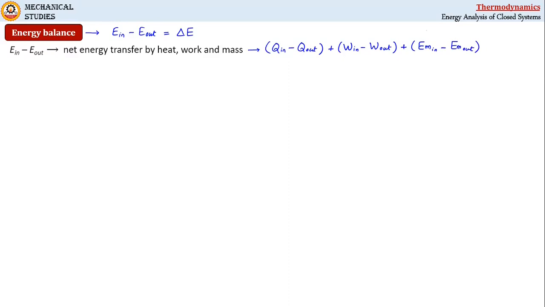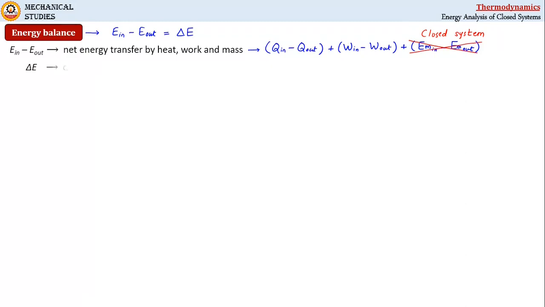Now as we are analyzing closed systems here, which we know do not permit transfer of mass across the boundary, this energy transfer by mass will not be considered here in analysis.